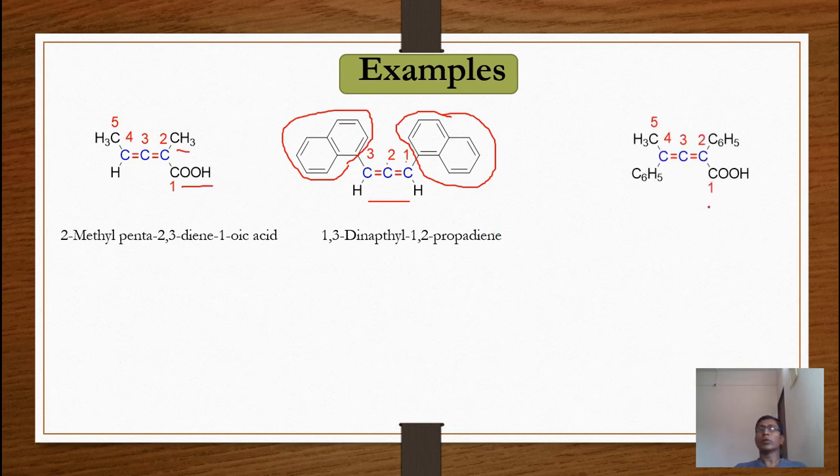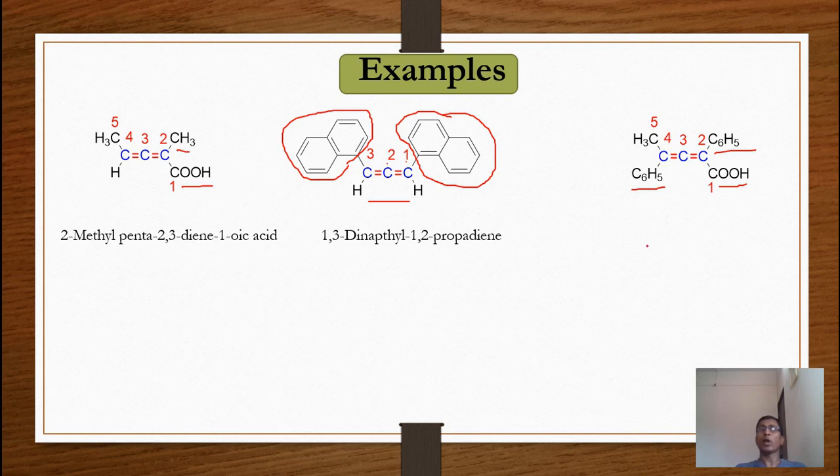In this next molecule, again you have to select the longest chain of carbon atoms and start numbering from the carbon of the COOH group. Thus, the double bonds are present at position 2 and position 3, and two C6H5 substituents are present at position 2 and position 4.